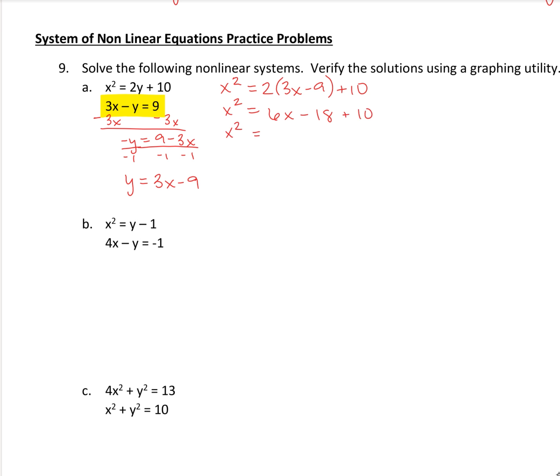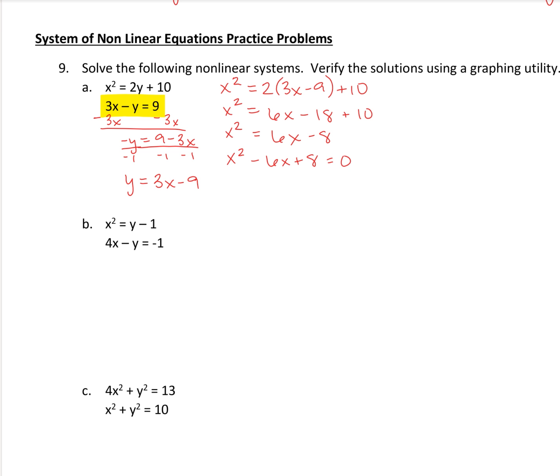Combining like terms, x squared equals 6x minus 8. Because it's an x squared, I have to move everything to the other side, so I get x squared minus 6x plus 8 equals 0.